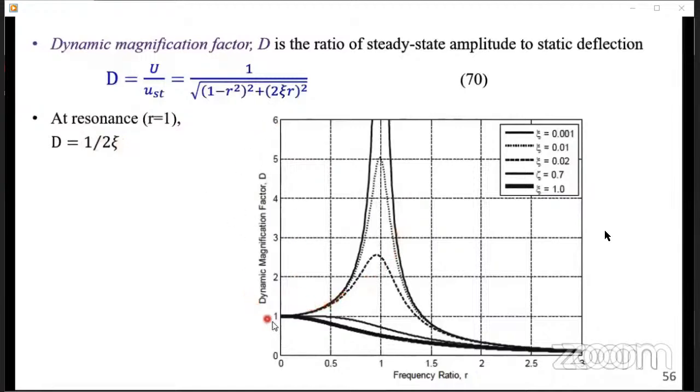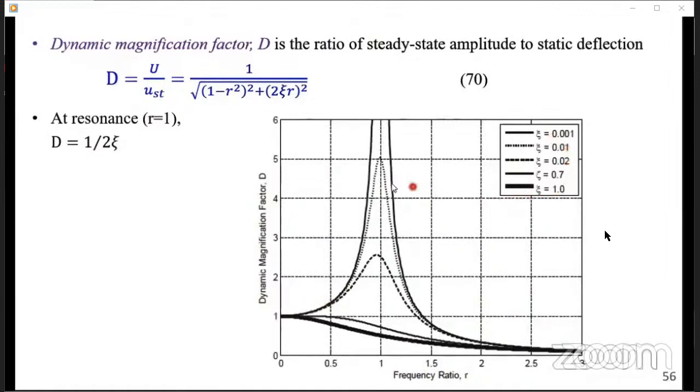In this graph, for different values of the magnification factor and frequency ratio, we are trying to show how the amplitude will vary, how D varies with the frequencies. Here we are relating three components: D, R, and ξ.